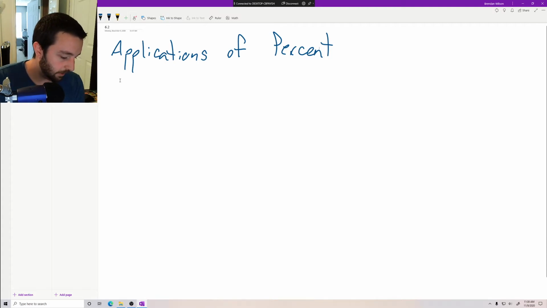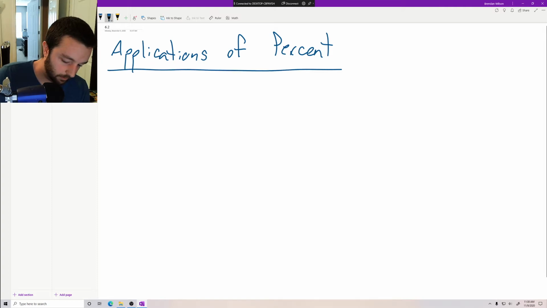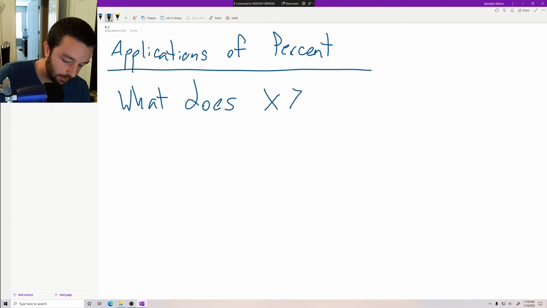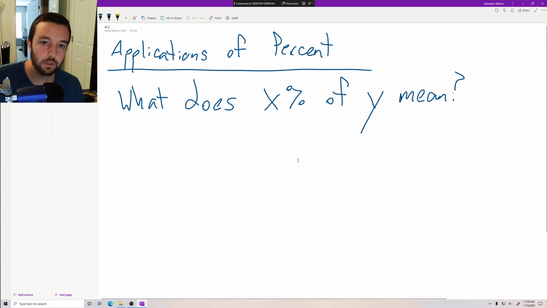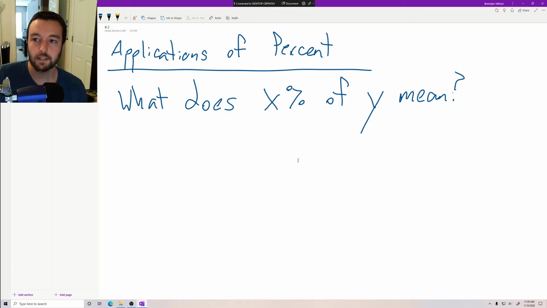So let's talk about what does X percent of Y mean? And how do we solve that? So what I mean is when we say, okay, what does 50% of 10 mean?